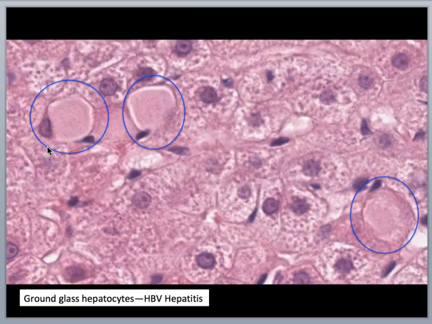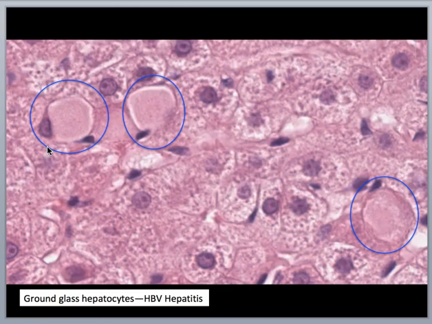So the ground glass refers to, if you will, if you're looking at the bottom of a pop bottle, for example, where the glass is kind of thin in the middle and then thicker at the edges.